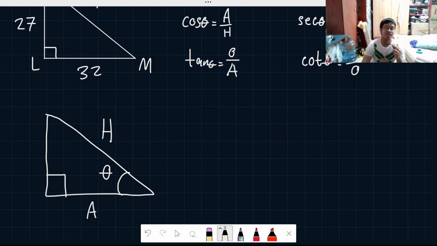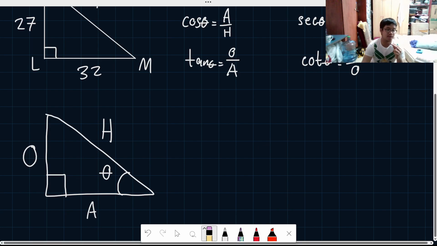Why is it called adjacent? Because it is beside the angle. Well, how about the vertical side, the height of the right triangle? It's not beside the angle, right? So what do you call that? That is what you call the opposite side, all right?